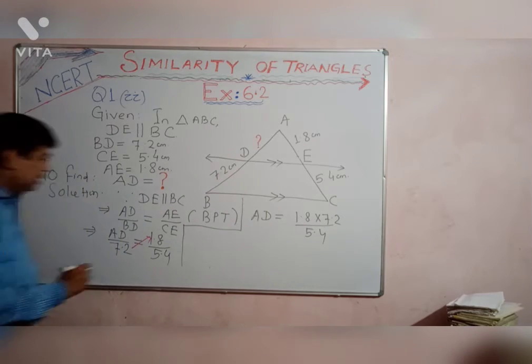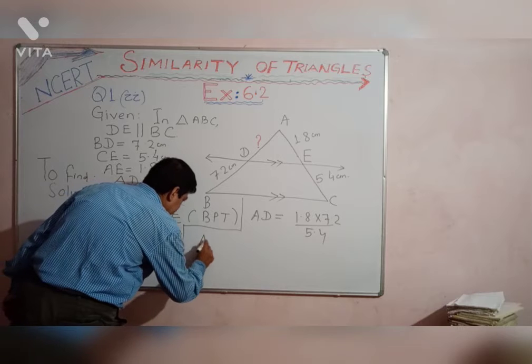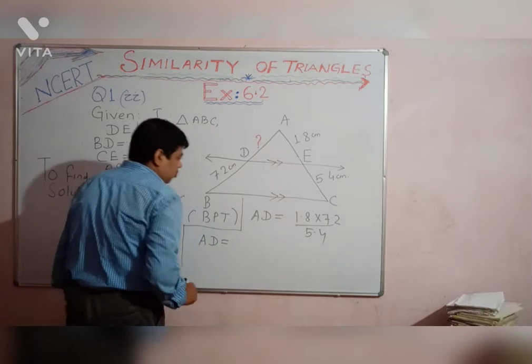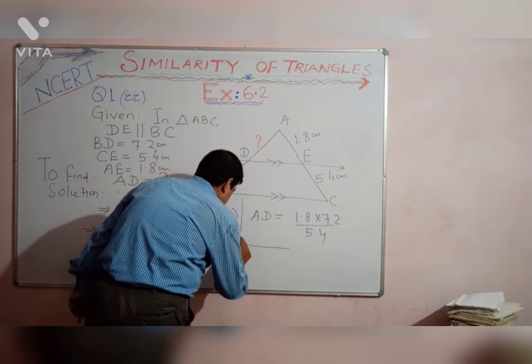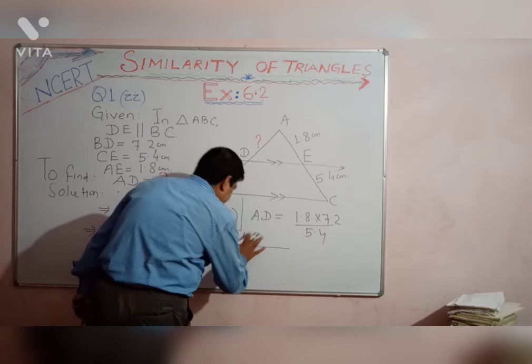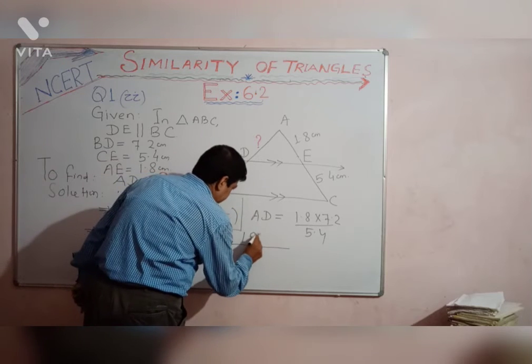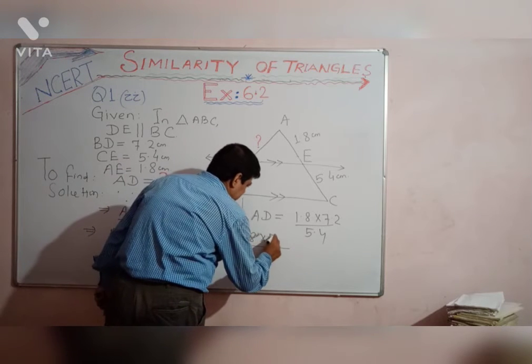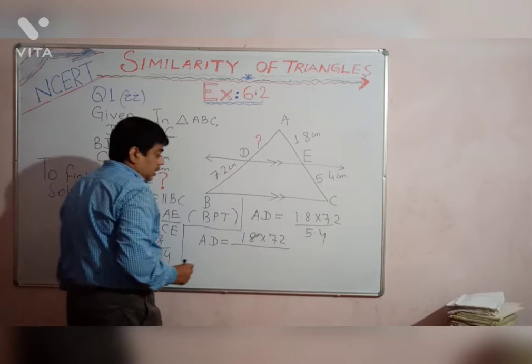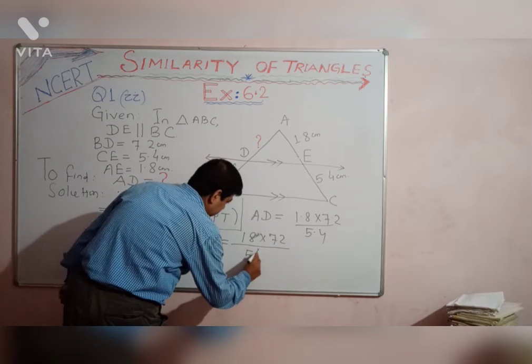Once again see, here AD is equal to 1.8. So it will be 18 after removing the decimal point, and it will be 72, and 5.4 will be 54. Is it clear?